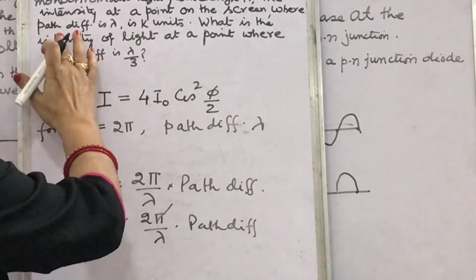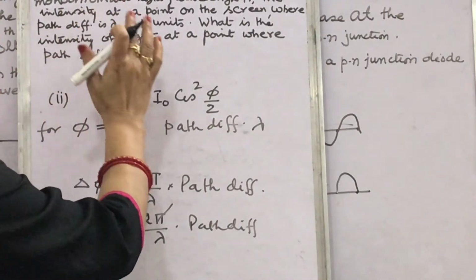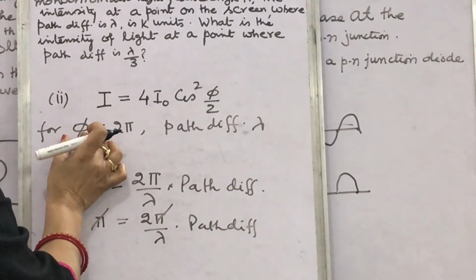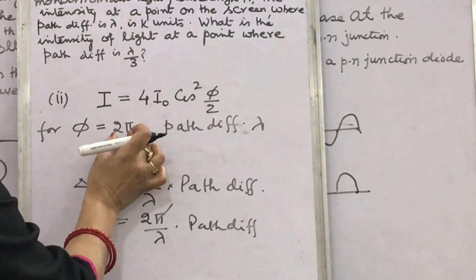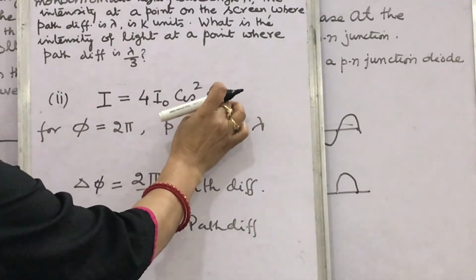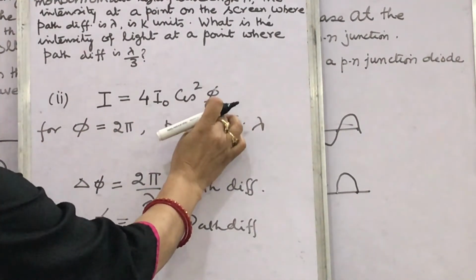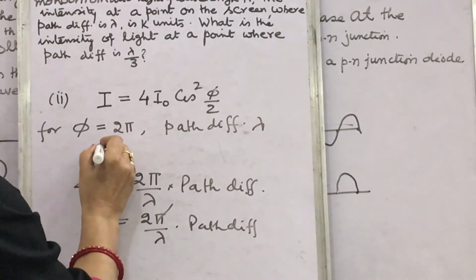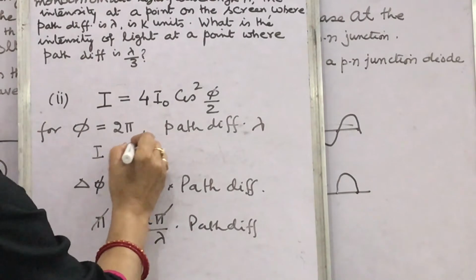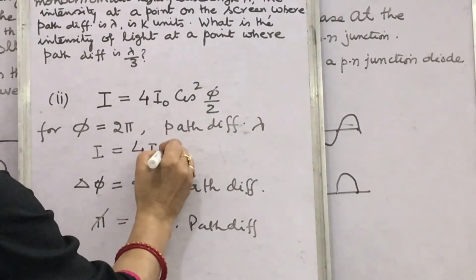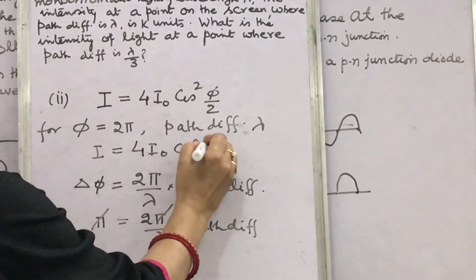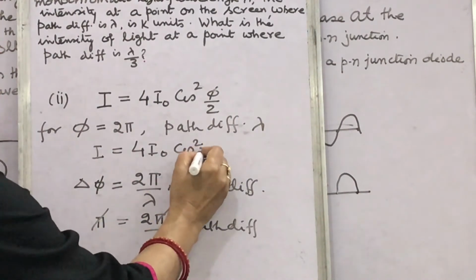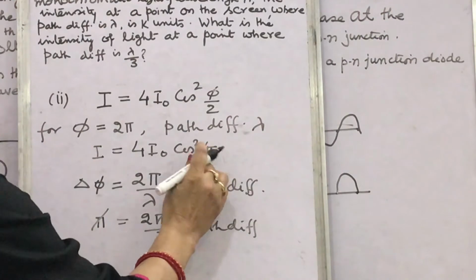Here it is given the path difference is lambda. Then for path difference lambda, how much is phi? Phi value is 2 pi. You put here for phi the value 2 pi, then 2 will be cancelled. What will you get? Only pi. For the first expression, as per the given condition, you will get 4I naught cos square of 2 pi upon 2, then 2 will be cancelled, what will be?